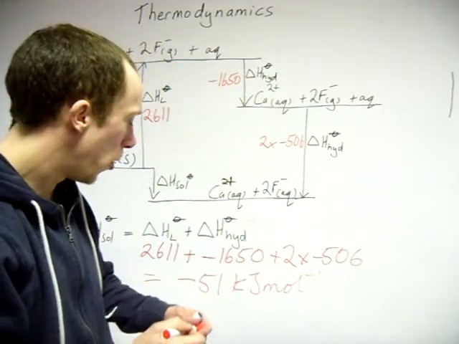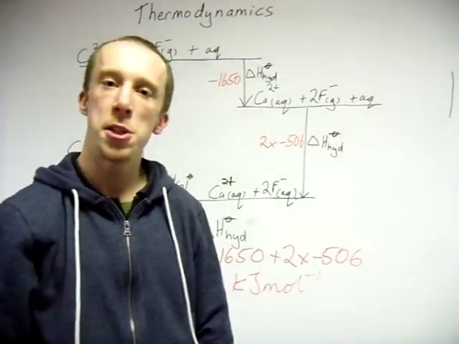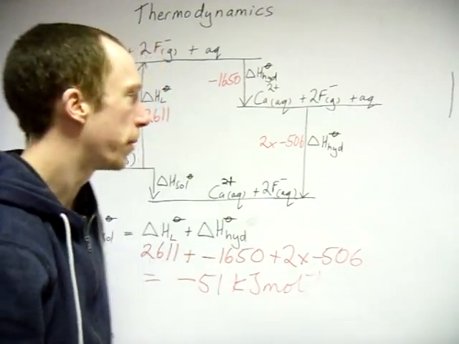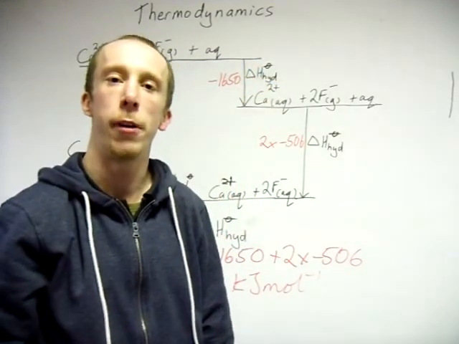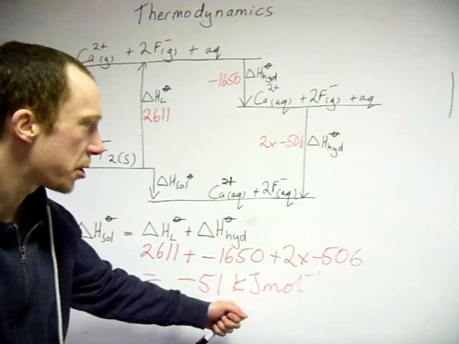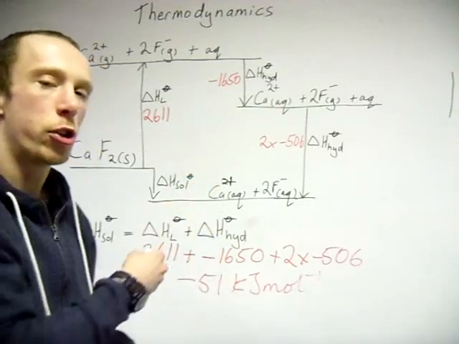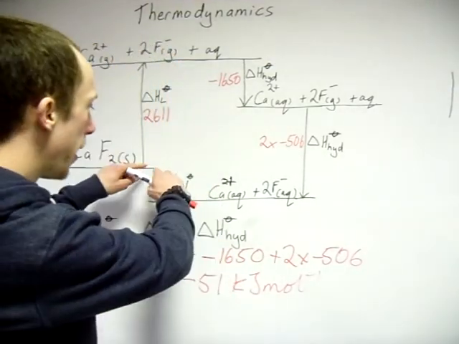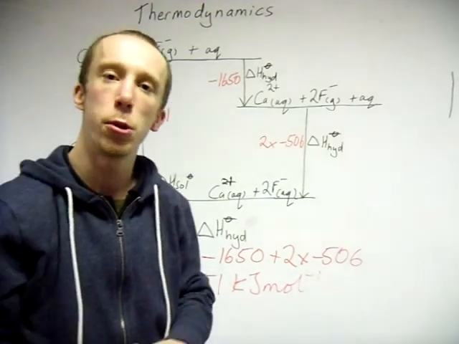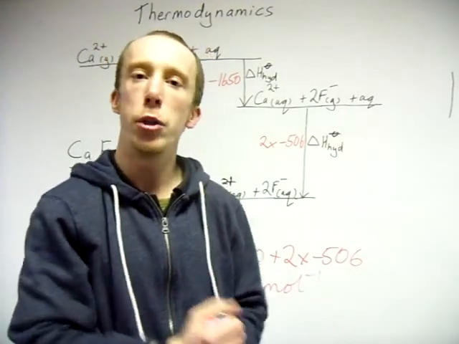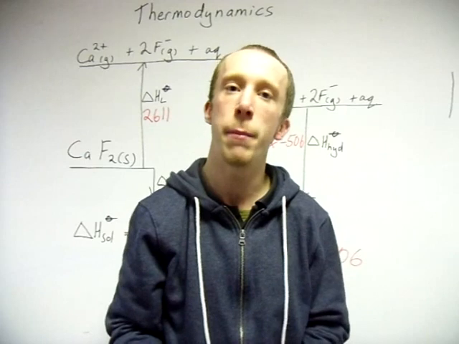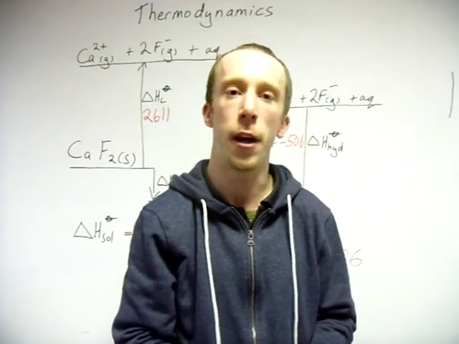I punched that in beforehand, and that comes out as minus 51 kilojoules per mole. These were all kilojoules per mole values. As you can see, this one is exothermic, but it does not have to be. You can have ones where your enthalpy of solution comes out positive, so do not worry if you see that when practicing a past paper question.